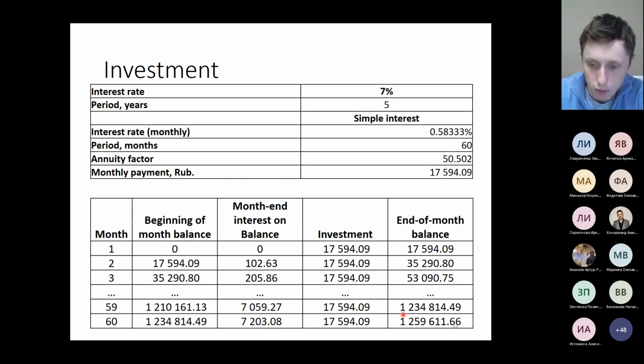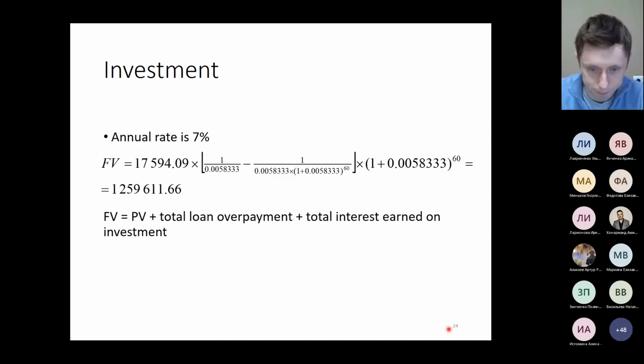And at the end, we would have this amount of money. This is the same amount we would receive if we apply the formula. In Excel, please, as your homework before the seminars, work with the spreadsheet, understand how it is organized to see how we estimate the present value of annuity and future value of annuity.